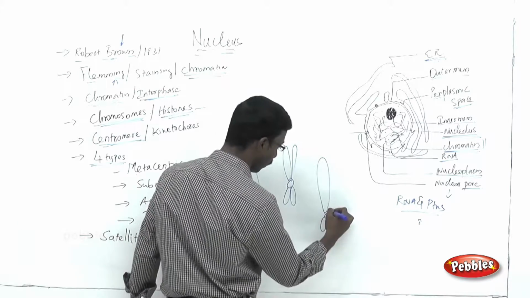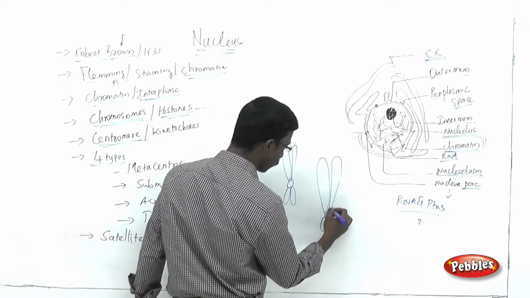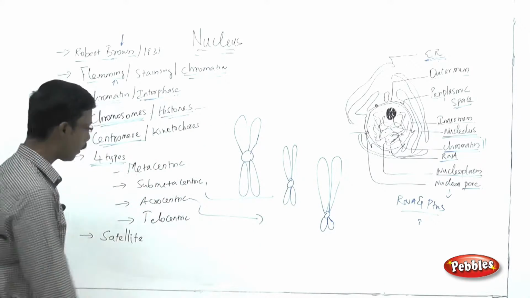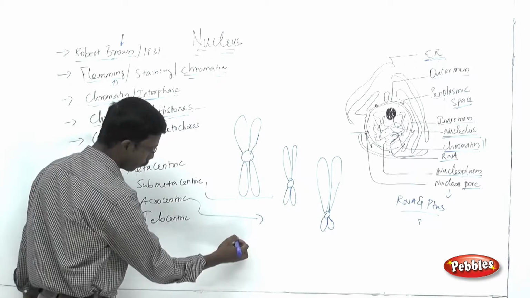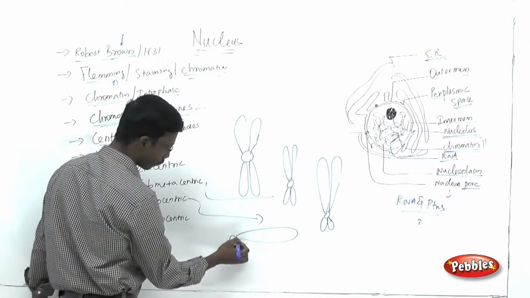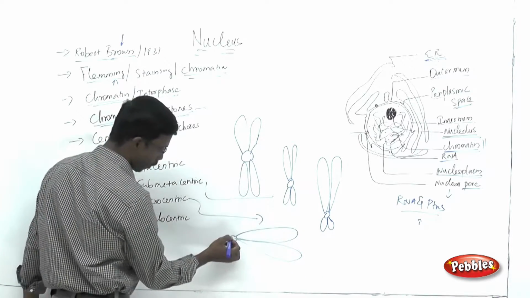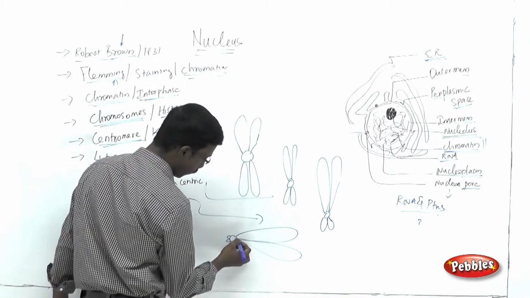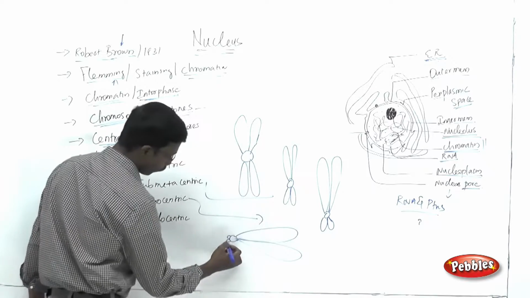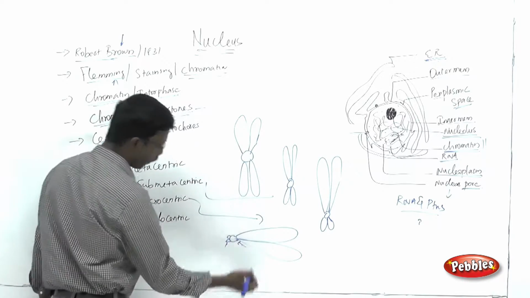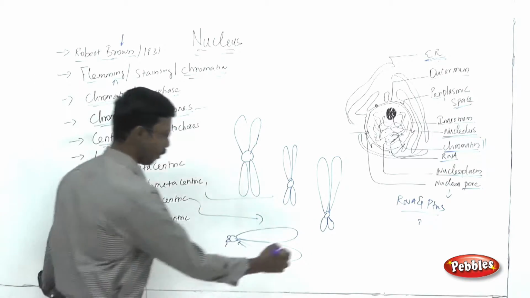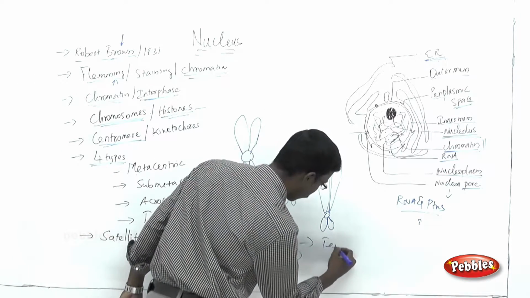The larger chromatids are on one side and very small chromatids on the other side. Telocentric, almost one side is absent and the other side is larger than this side. So in case of telocentric, the centromere is almost towards the terminal.